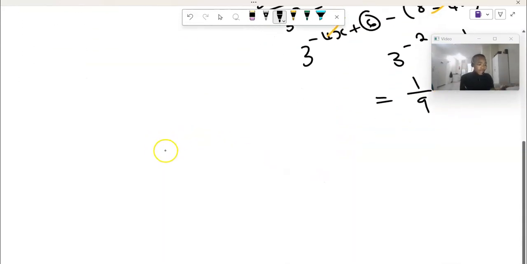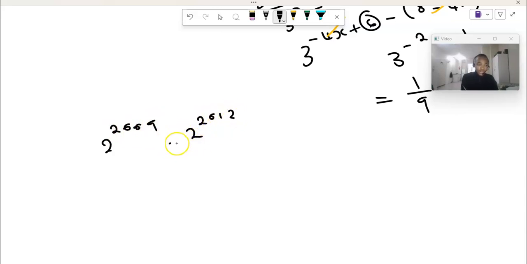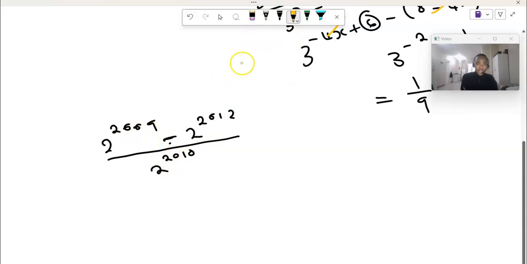Another quick example is, let's say for instance, we have 2^2009 times 2^2012, let's put a minus there, minus 2^2010. So how you tackle this is you look at the one with the smallest exponent, which is 2009.